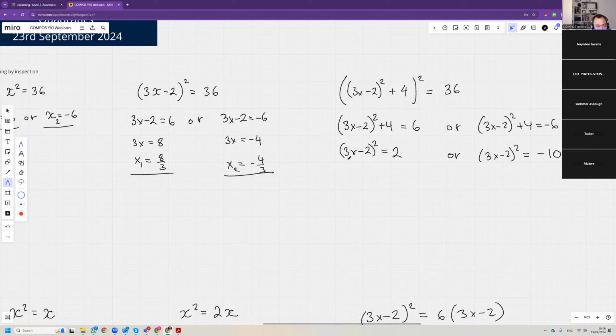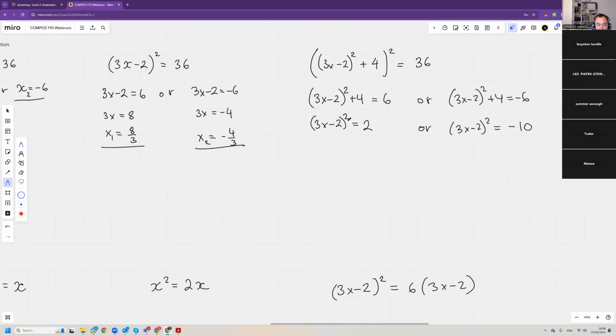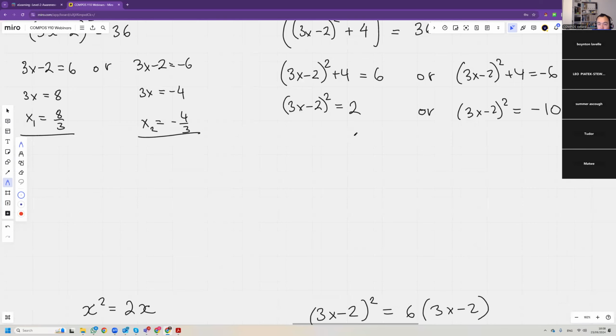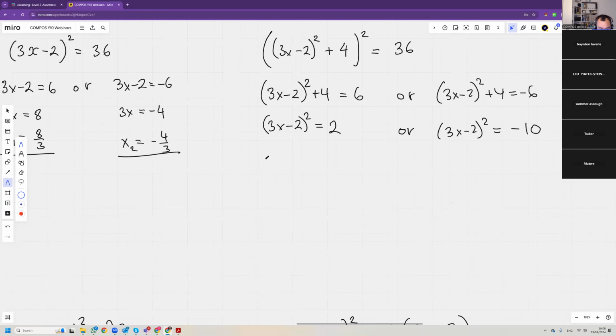So the first one, well, what number squared is 2? It's the square root of 2. So 3x minus 2 is either square root of 2 or minus square root of 2, because minus square root of 2 squared is 2, and square root of 2 squared is also 2.